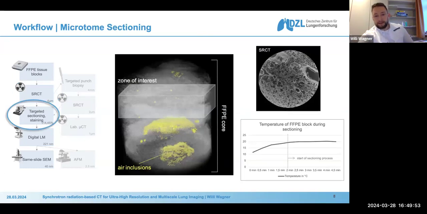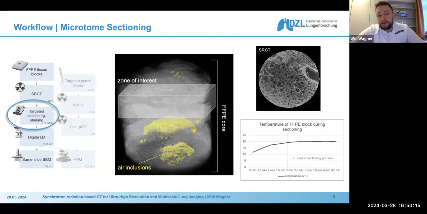The one thing that can be a bit tricky, especially in the lung, is air inclusions. Paraffin is basically candle wax, so we embed the tissue in candle wax in order to slice it later.